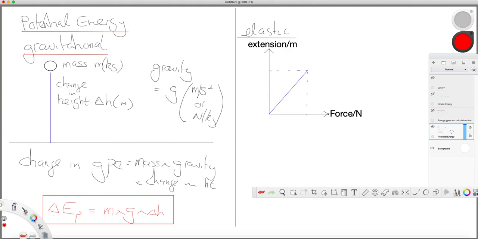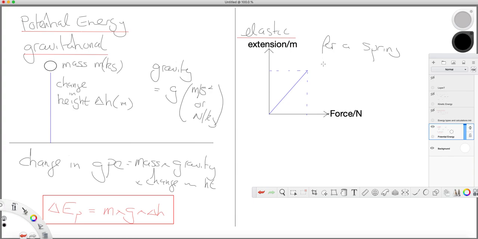Over here then we have ourselves elastic potential energy. So this is a graph of extension against force for a spring. You've done this experiment before.